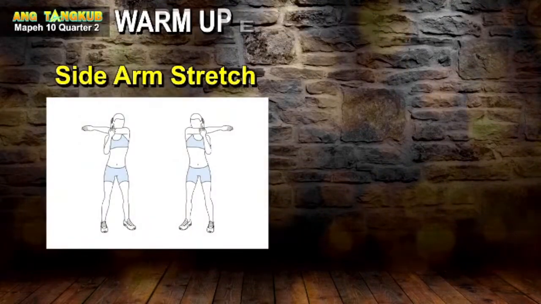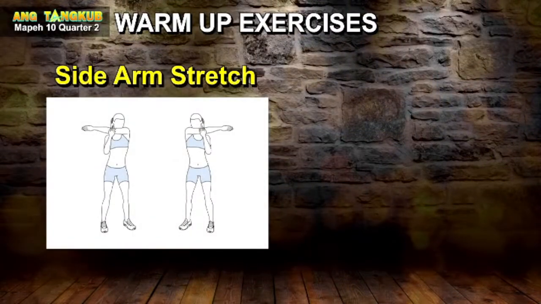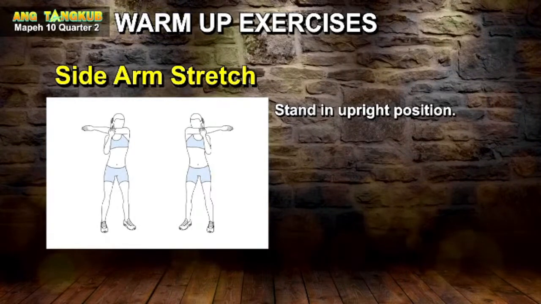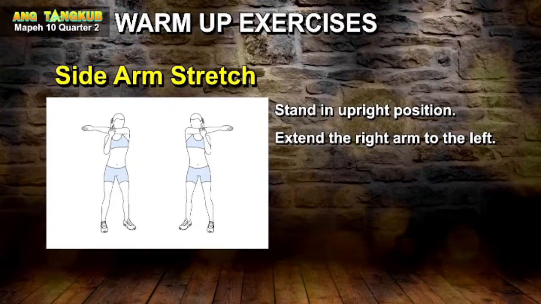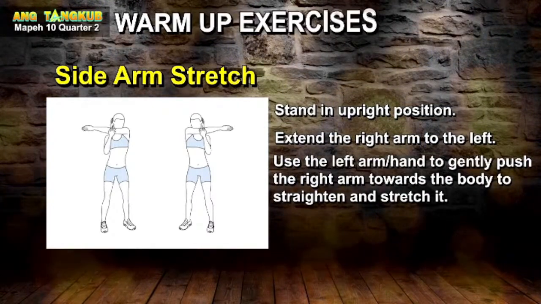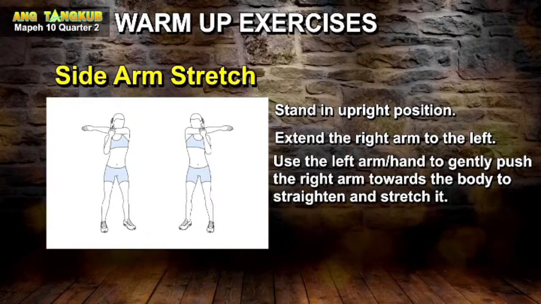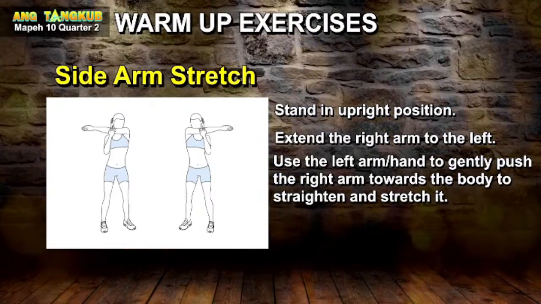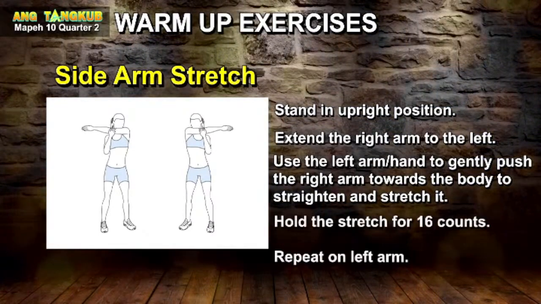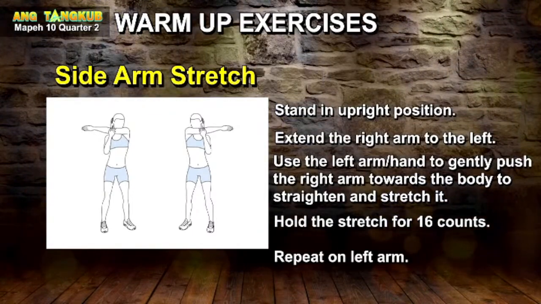Next, side arm stretch. Stand in upright position. Extend the right arm to the left. Use the left arm or hand to gently push the right arm towards the body to straighten and stretch it. Hold the stretch for 16 counts.